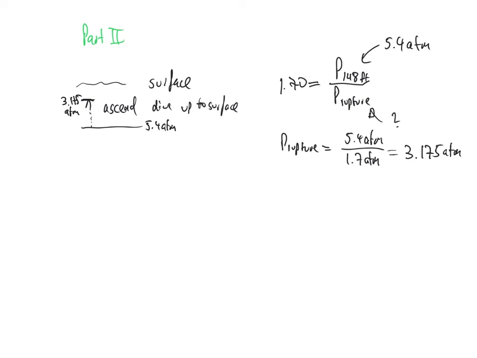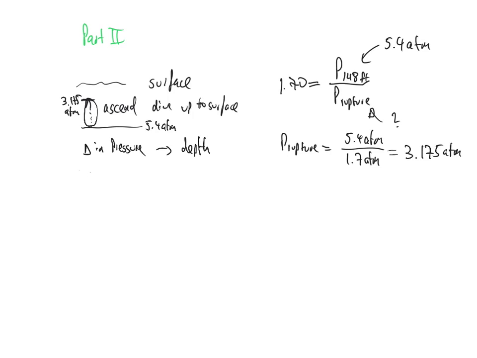Now think for a second. How can I relate this difference in pressure to depth? And again, we know we can relate depth to difference in pressure using the 760 mmHg and the ratio of densities. So let's calculate the difference in pressure first.